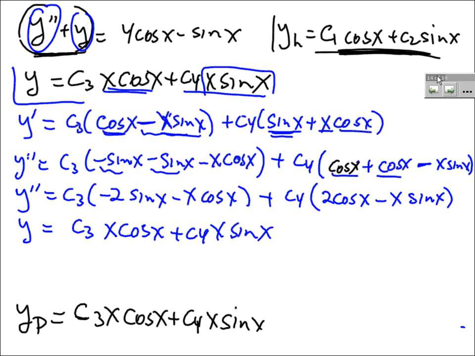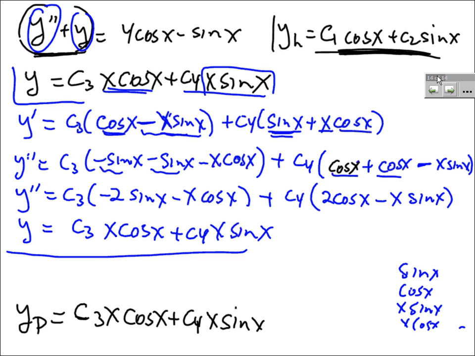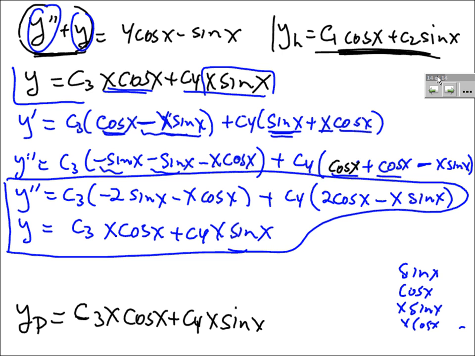And I noticed that I have sine x's, I have cosine x's, x sine x's, and x cosine x's. So I'll combine like terms. I want to add those two equations. When I do that, the left side, based on the top equation, tells me I'm supposed to get 4 cosine x minus sine x.